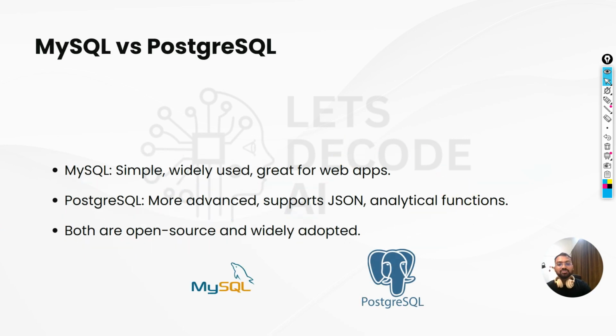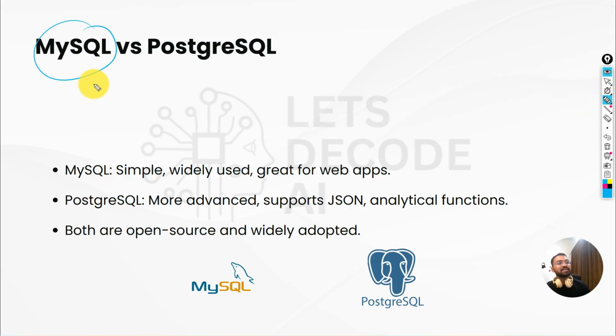Now, in this course, we will work with 2 of the most popular relational databases out there, which is MySQL and PostgreSQL. MySQL is a very simple, reliable, and one of the most used database systems present out there.